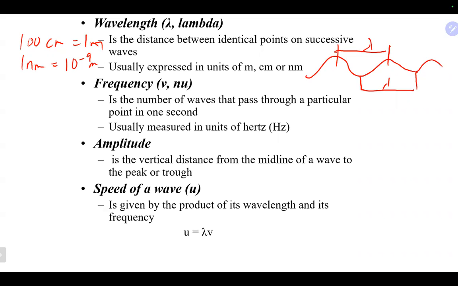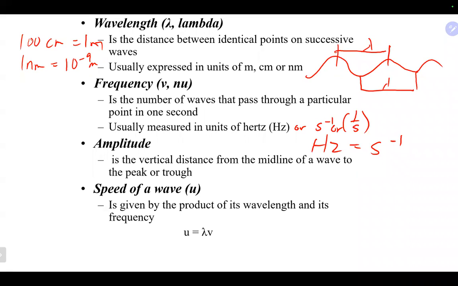Frequency, which a lot of people call a V, but it's not really a V, it's a nu. That is the number of waves to pass a particular point in a given second. The unit of frequency is the hertz, and a hertz is also a reciprocal second, so they are a one-to-one relationship.